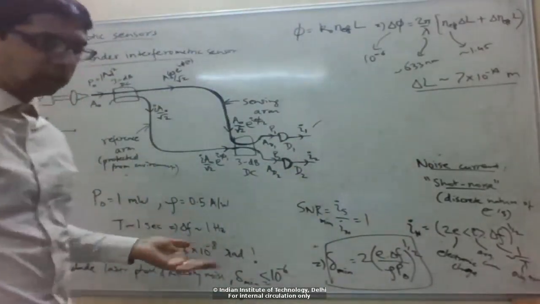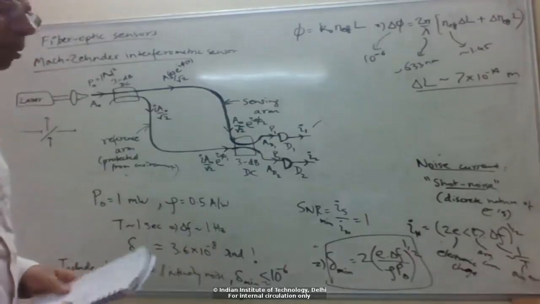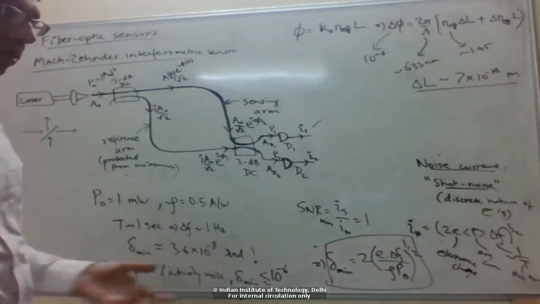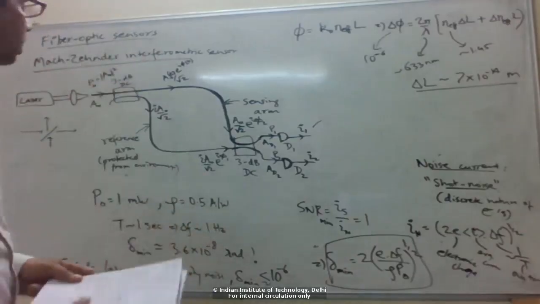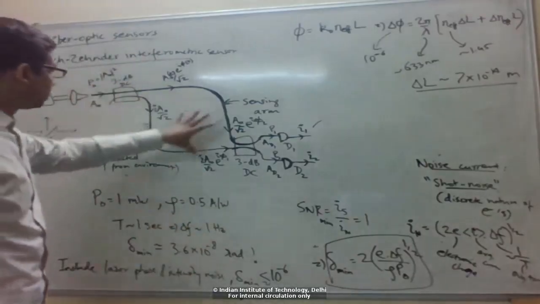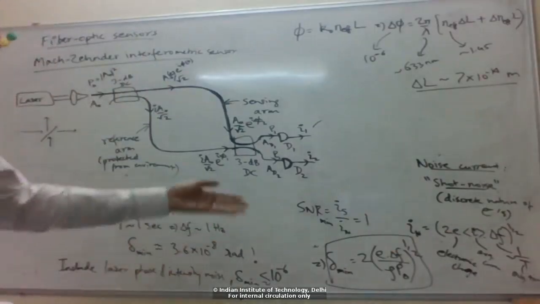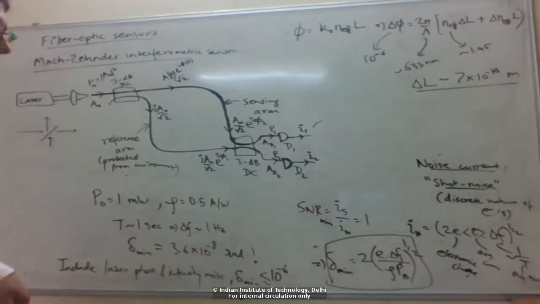And you might of course have heard about the LIGO detectors, the Laser Interferometric Gravitational-wave Observatory, which detects gravitational waves. Basically, the basic idea is just a Mach-Zehnder interferometer, which they do in free space, not in fiber.